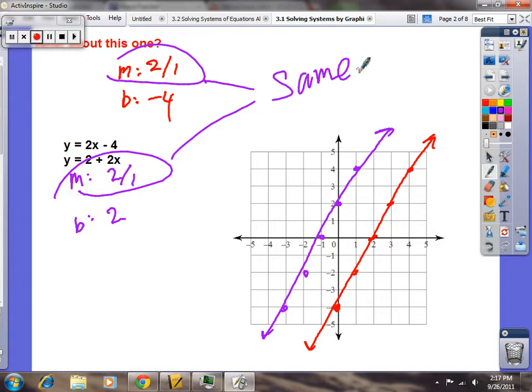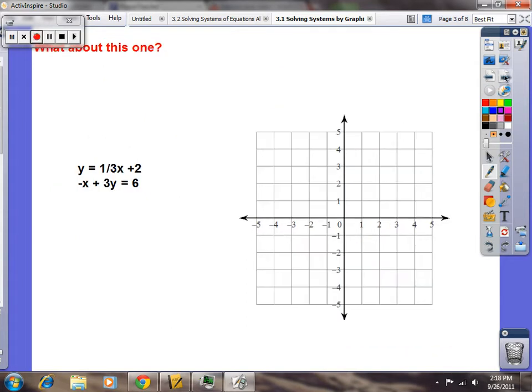If they're parallel, they never cross. So Melanie, where's your answer? The answer is what they've got in common. What do they have in common? They have nothing in common, so it's no solution. Well, they do have slope in common. They don't share a common dot, a common point. Okay, try this one.